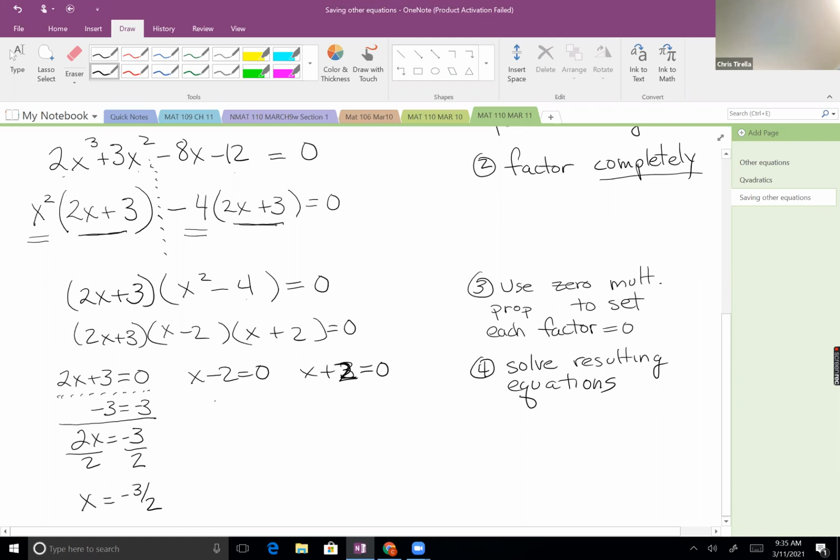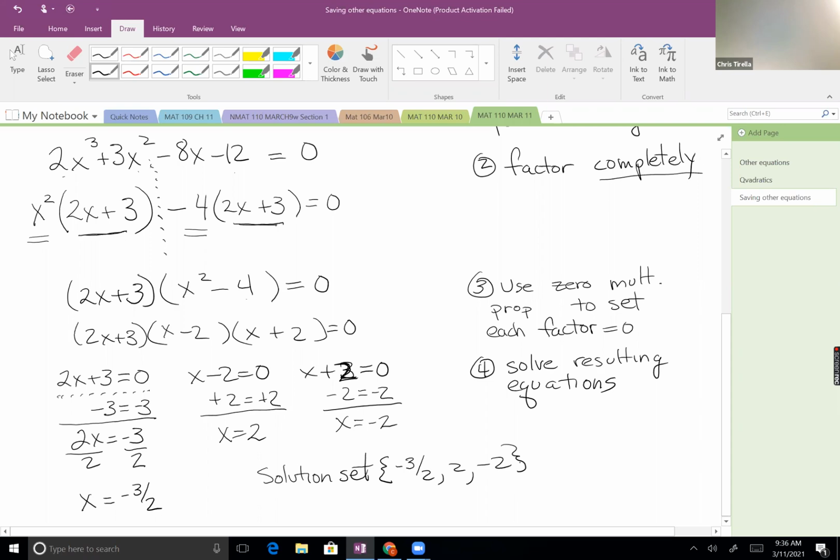To solve that second equation, we'll add 2 to both sides, which gives me x equals 2. And the last equation, I'll subtract 2 from both sides, and that'll give me x equals negative 2. So here my solution set has 3 values, negative 3/2, 2, and negative 2.